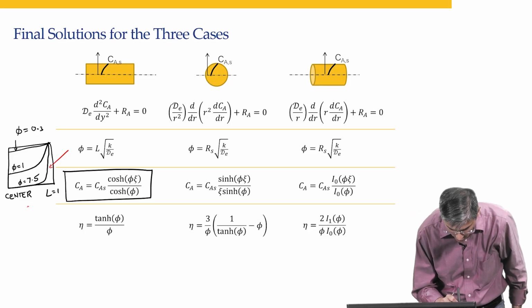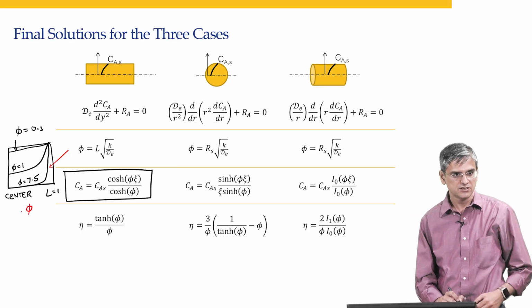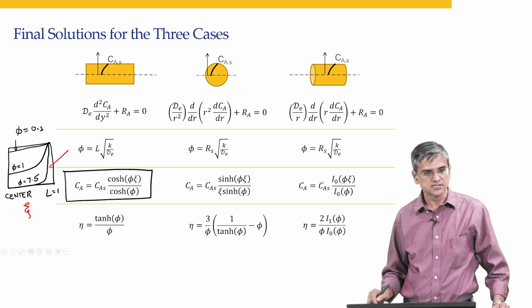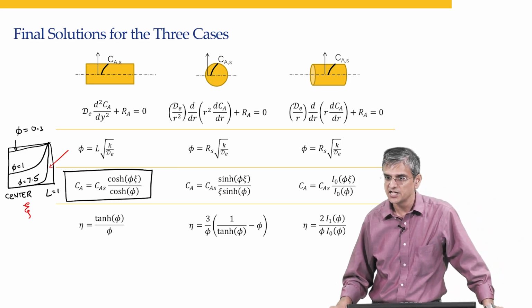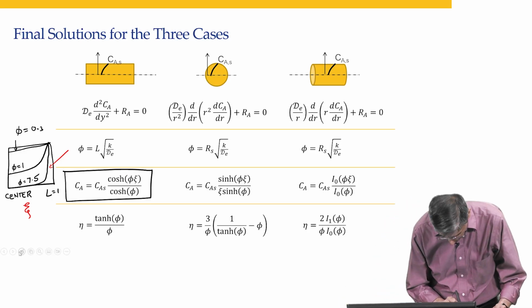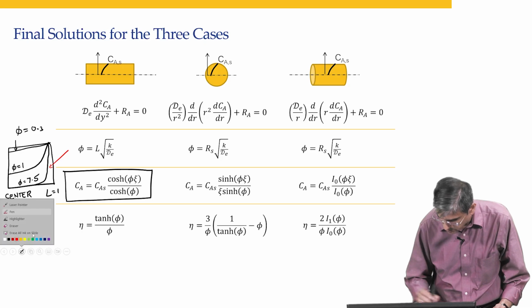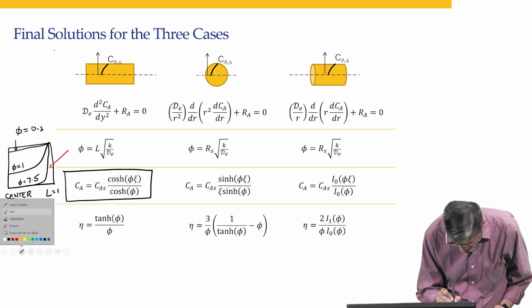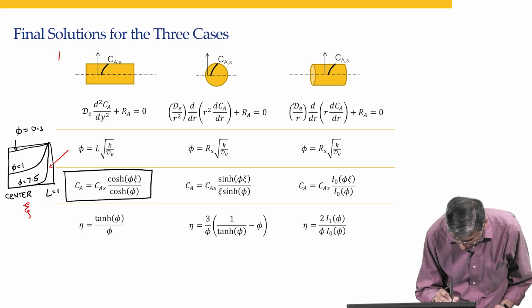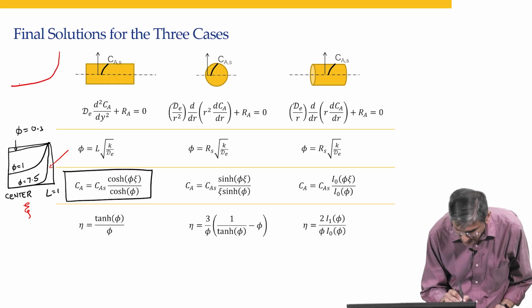What are we plotting over here? Zeta is the x-axis. If instead of zeta, I were to plot z as the x-axis, how will these three look? The L equal to 25 will look like this.